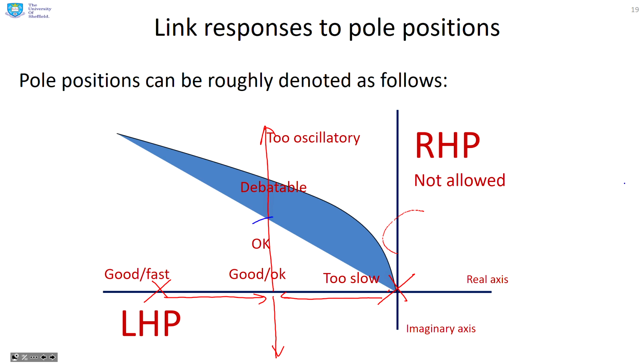And you're going to say, well, probably I'd want to be somewhere in that region there, because it means my slowest pole is as fast as it can be. So you're not so small k that you've got a really slow mode, but I don't want k to be too big because then I'm oscillatory. So you can see how the root-loci plot overlaps with our understanding of what are good pole positions with this sort of figure that I've shown you here.